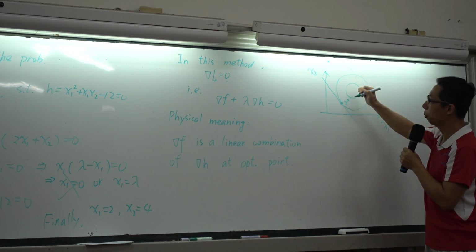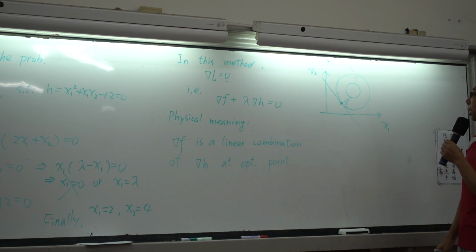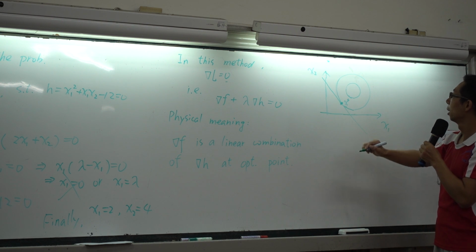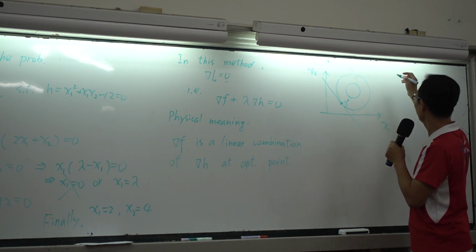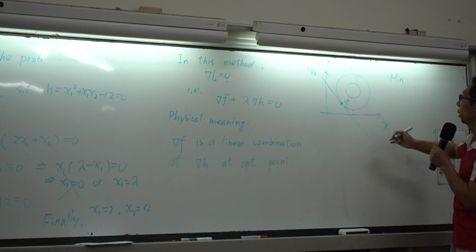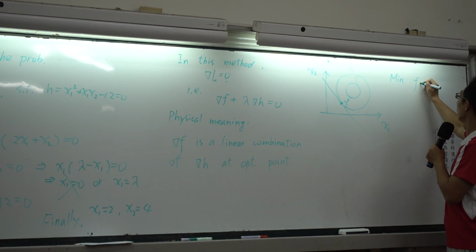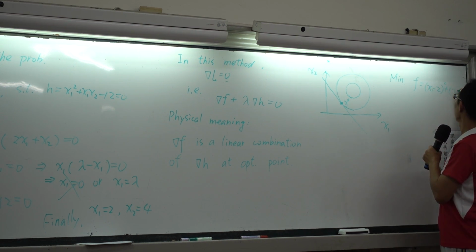So what do we mean by this? This means that gradient f, okay. Maybe I should give you guys some values, okay? So let's say we have this kind of problem, minimize f, that is (x1 minus 2) squared plus (x2 minus 2) squared, okay?